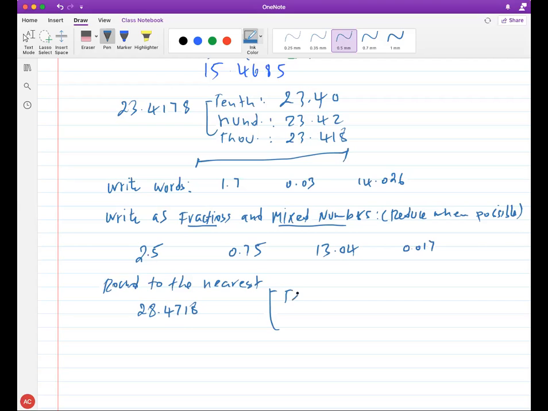We're going to round to the nearest tenth, nearest hundredth, also the nearest thousandth.